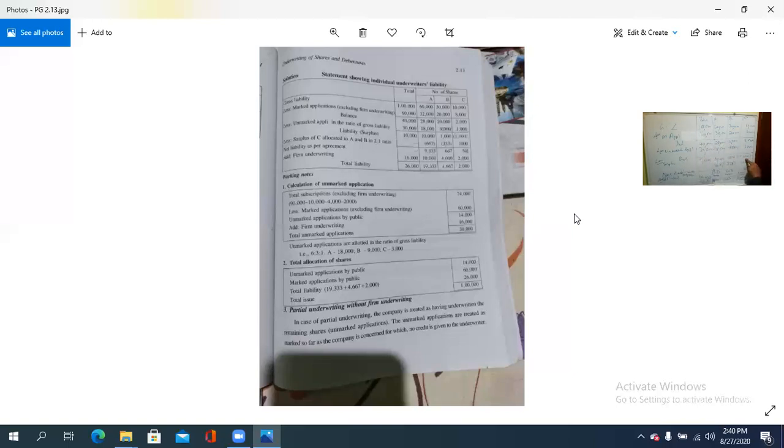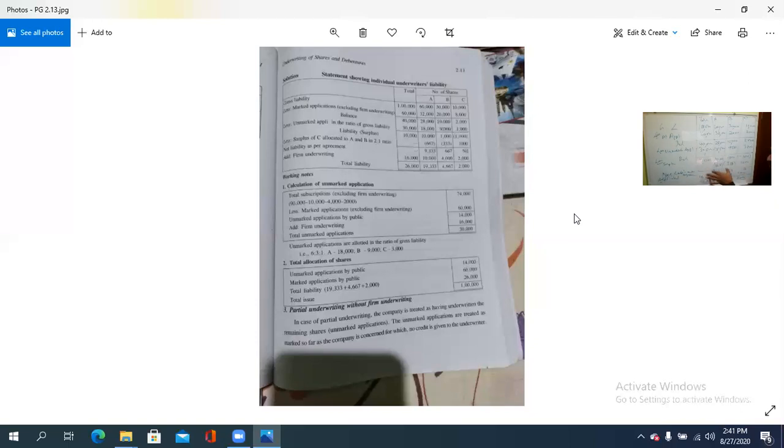There is one surplus. That is to be apportioned among the other underwriters A and B. That is 667, 333, and here it is nullified. Okay. Then we take the net liability. 10,000 minus 667, that is 9,333. 1000 minus 333, 667, and here it is 0. Then we add the firm underwriting, 10,000 for the first case, 4,000 for the second case, and 2,000 for the third case.